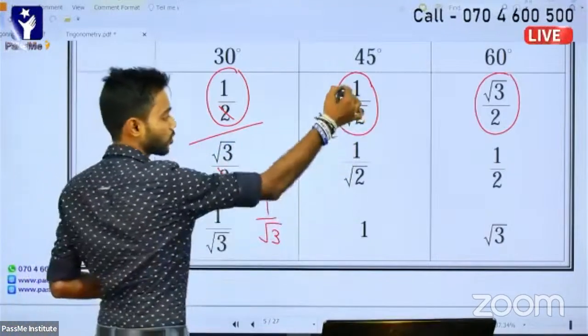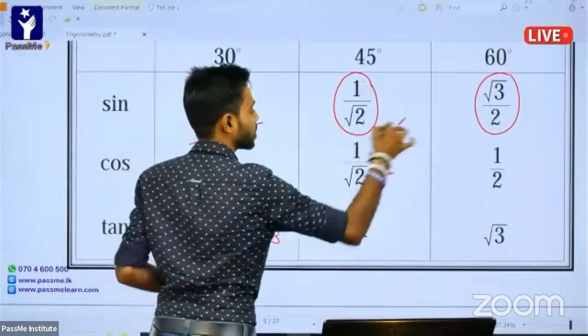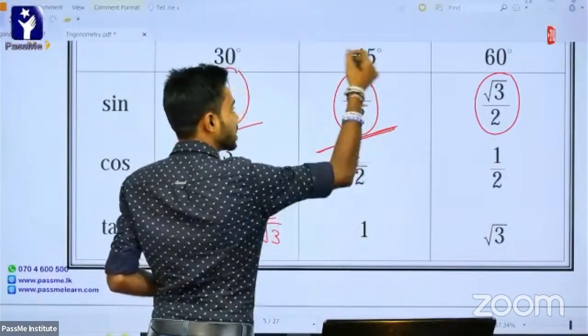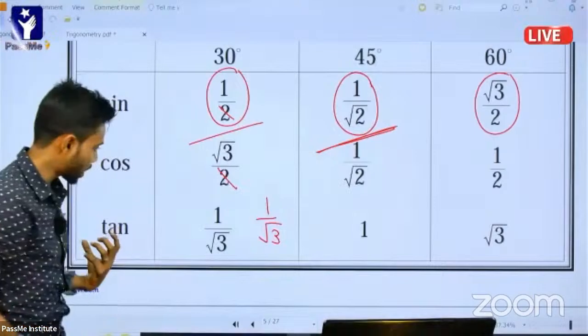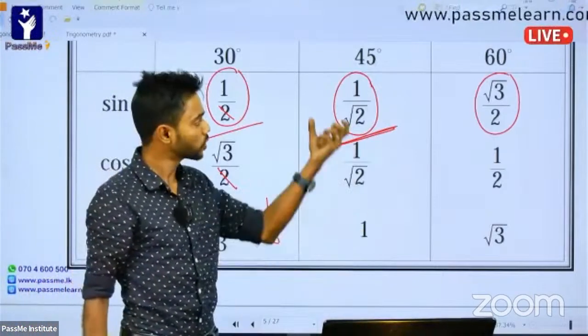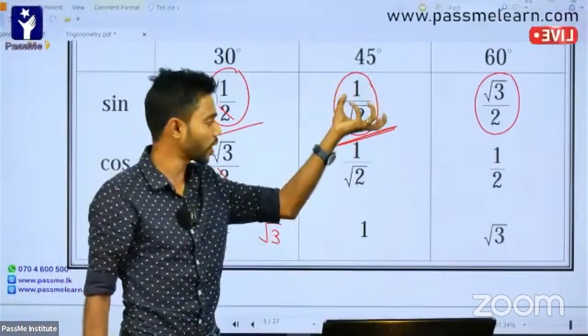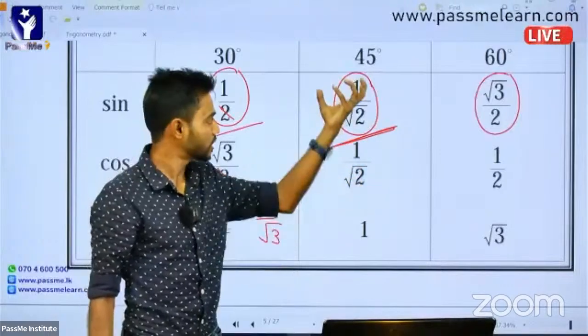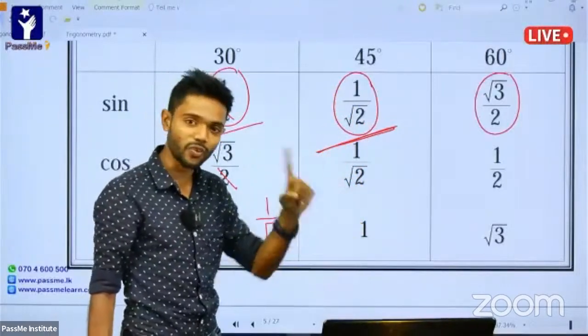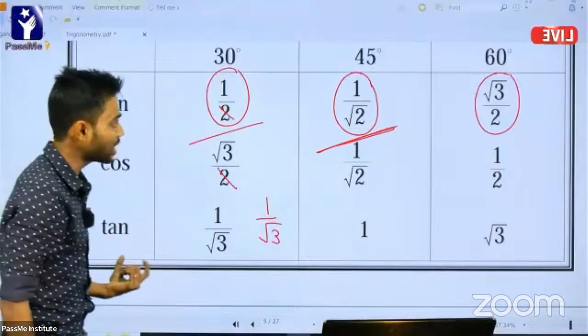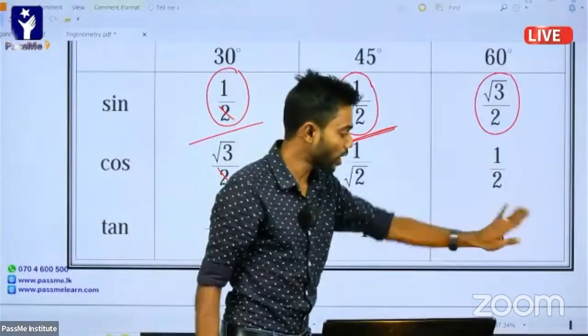Now here, you can very easily calculate. You want to calculate tan 45. You can divide sine 45 by cos 45. Since these two are equal, the answer is 1. Very easy. Now, tan 60, so you want to find this one.